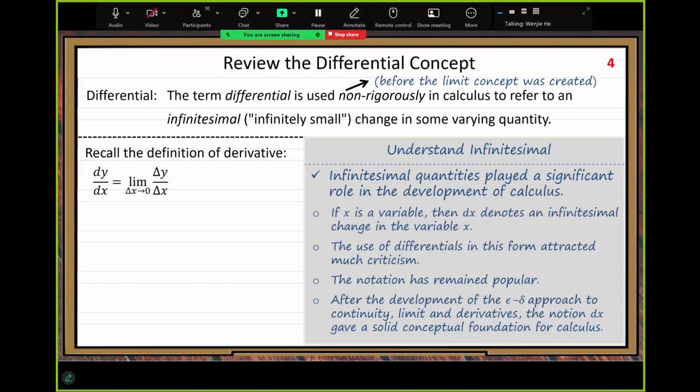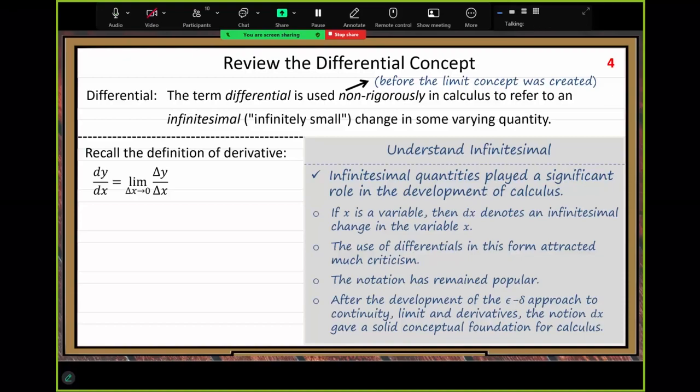So let's look at the derivative definition. We use a limit to define it. We use the limit like this: delta y over delta x. You know the meaning of delta y, delta x, right? The difference amount in y values and x values.